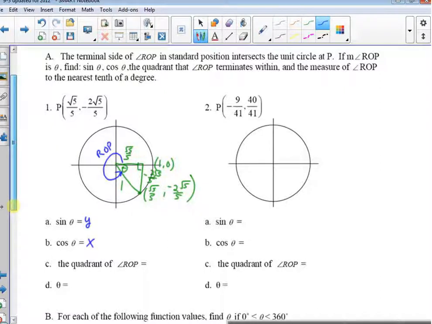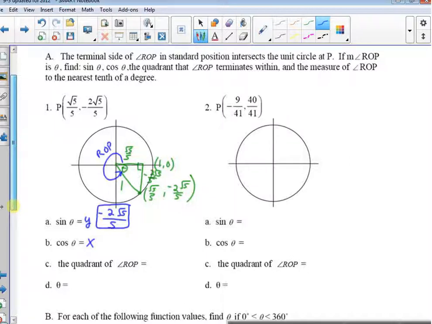Even if you set this up, sine theta is going to be opposite over hypotenuse. The opposite is negative 2 radical 5 over 1. So that's the answer for sine theta. Notice it's also just the y coordinate.